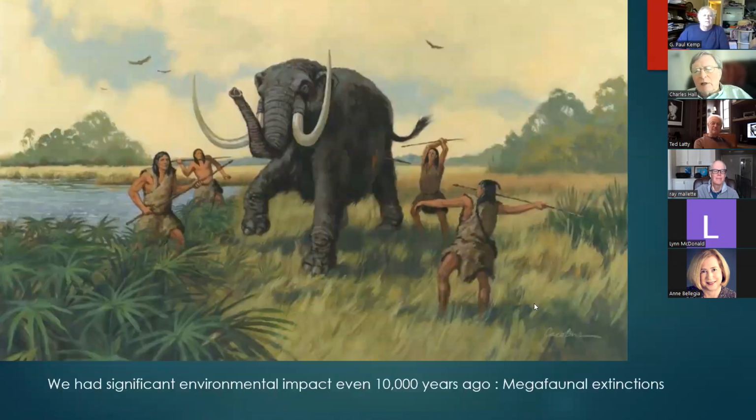We had significant environmental impact. There's something called the megafaunal extinction, where we apparently killed off the mastodons and the mammoths. Humans were very efficient hunters, and the only place where large animals of many types remain with humans is in Africa.